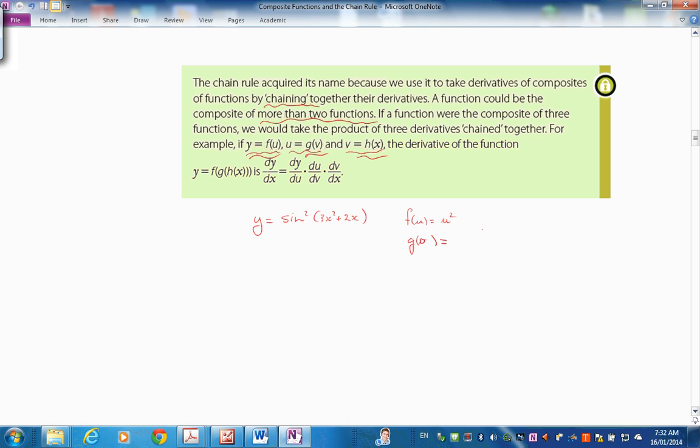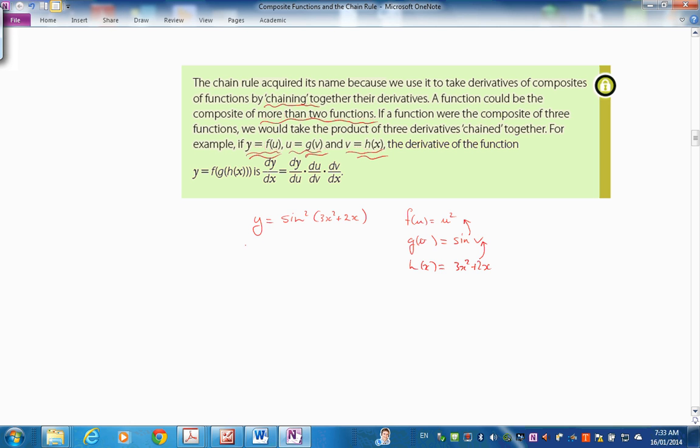G of v would be sine of v, and v would be h of x, which would be 3x squared plus 2x. So if we do g on h, we put that into there, and then we do f on that, we then square it all, and that's what's happened there.